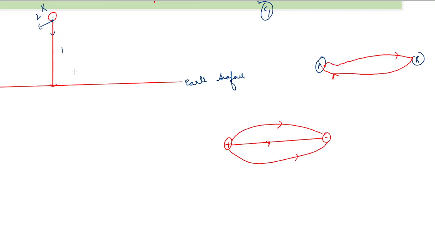We don't find a case where a field line comes like this. This is not possible. So this means that electric lines of force do not form closed loops. We will learn later that magnetic lines of force form closed loops but not electric lines of force.